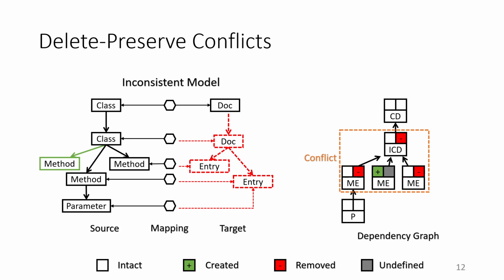Here it's the node that corresponds to the newly added method. From this node, we traverse over our dependency graph to see whether it depends on the node where the opposite side has been deleted, which is here the deleted document. Doing so, we can easily detect this kind of conflict and give the user the chance to decide which changes he wants to keep and which he wants to drop or revoke.